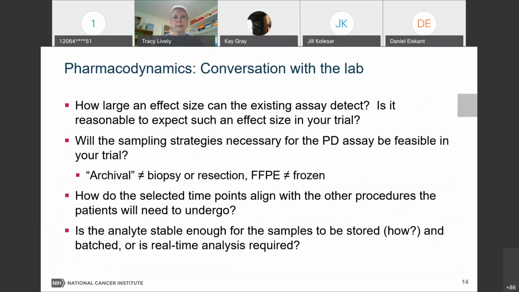And if so, the conversation can proceed in more depth with your collaborator. A lot of the same ground: effect size, sampling strategies, time points. You're going to have to work through all of these questions, those that are up on the slide, and the ones that follow from them, as our laboratory experts are going to illustrate in a moment.